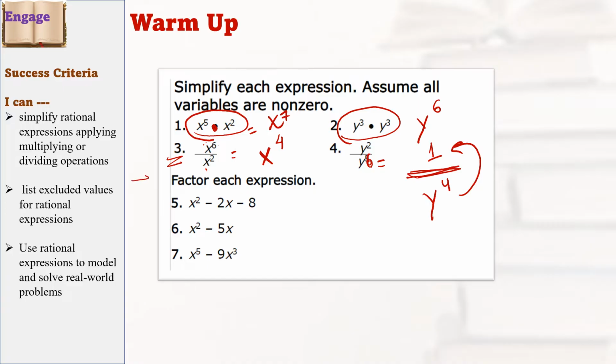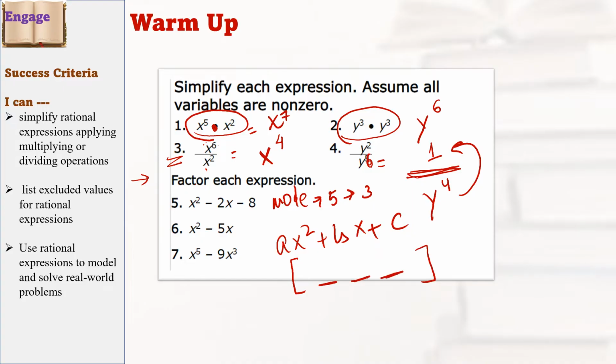In the second question, they are asking us to factor. Now let's factor with the help of the calculator. So go to mode 5 and 3. Remember, the equation is written in the form of ax square plus bx plus c. So when we write mode 5 3, our screen appears like this. Here you have to write the coefficients of x square, x and the constant.